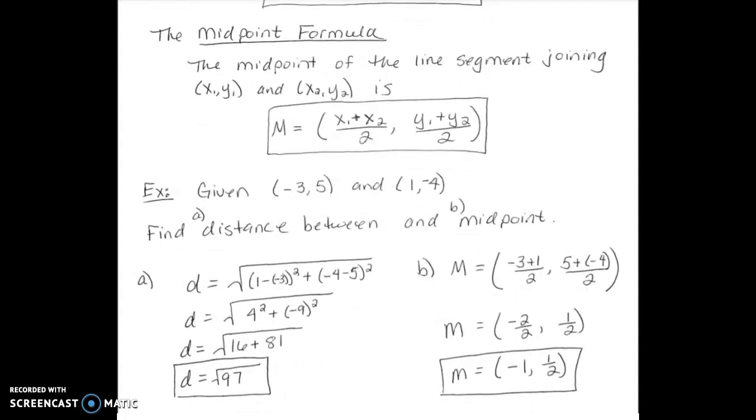If we're given -3, 5 as one ordered pair and 1, -4 as the other, to find the distance we use the formula: d equals the square root of the x value from one point minus the x value from the other, squared, plus the y value from one point minus the y value from the other, squared.